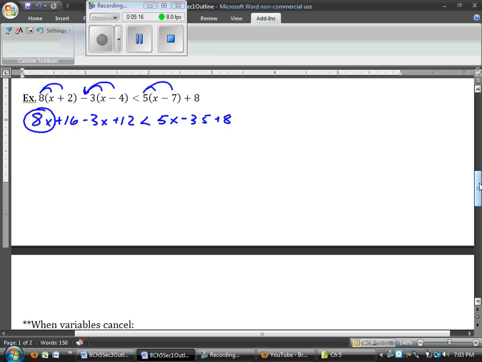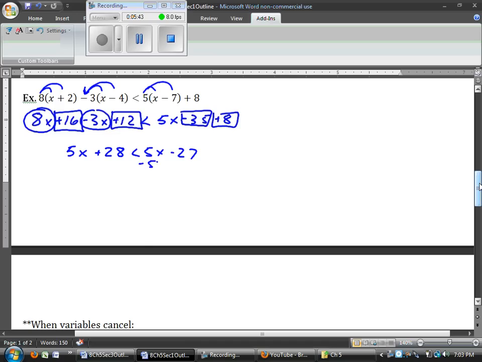Notice 8 and a negative 3 gives me 5x, plus 16 plus 12 gives me plus 28 is less than, I have a minus 35 plus 8 gives me 5x minus 27.